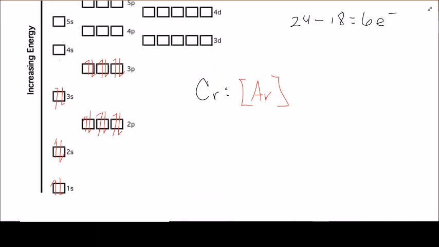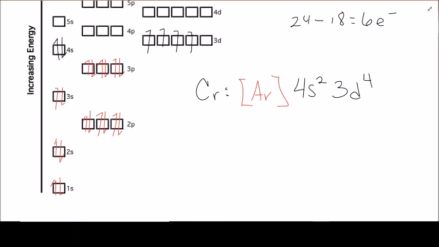So we would fill 2 electrons per orbital, so that would give us 4s2, and the remaining 4 electrons would fill empty orbitals first and give us an electron configuration of 4s2, 3d4.